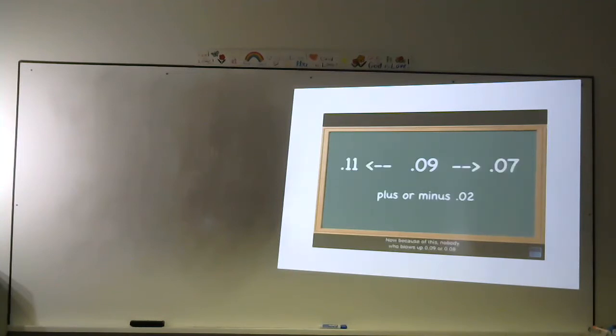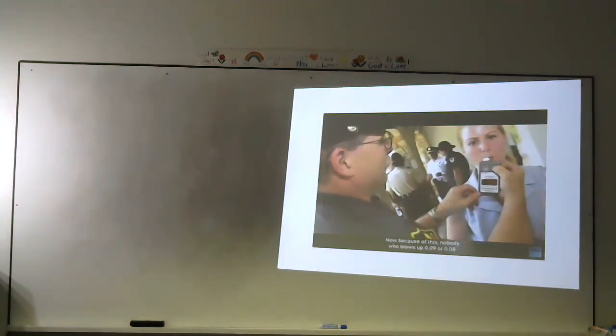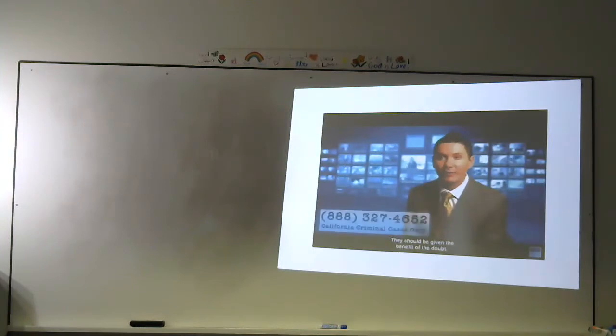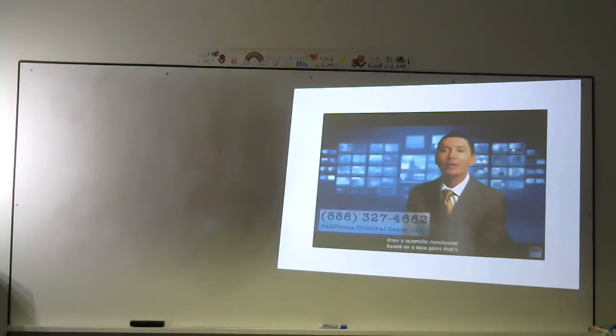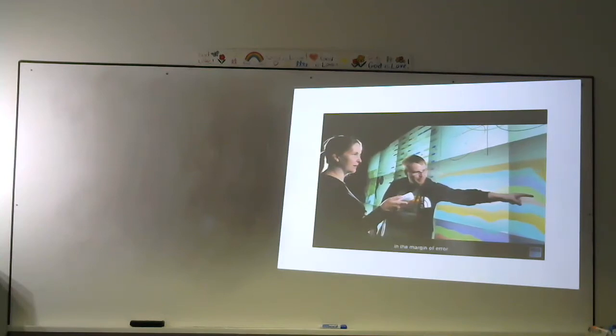Now, because of this, nobody who blows a 0.09 or 0.08 should ever be charged with DUI, because it's unfair. They should be given the benefit of the doubt. They're within the margin of error. And any scientist would tell you, you could never draw a scientific conclusion based on a data point that's in the margin of error.